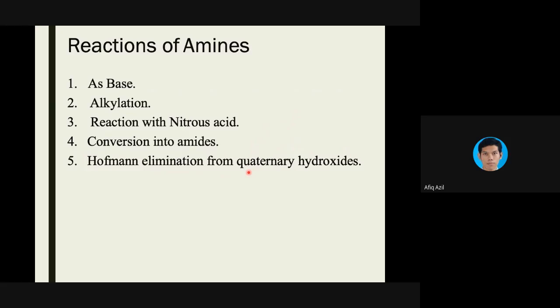The second one is an alkylation reaction. Third will be reaction with nitrous acid. Number 4 is the conversion into amides. And lastly, number 5 will be the Hofmann elimination from quaternary hydroxide.